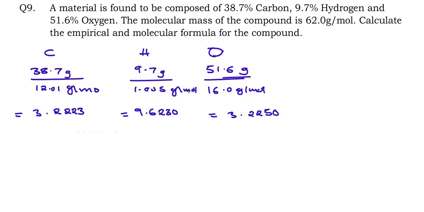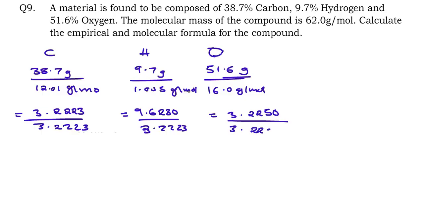For oxygen we get 3.2250. Now we look for the smallest number. This is our smallest number, so we divide all of them by the same number. For carbon we get 1.